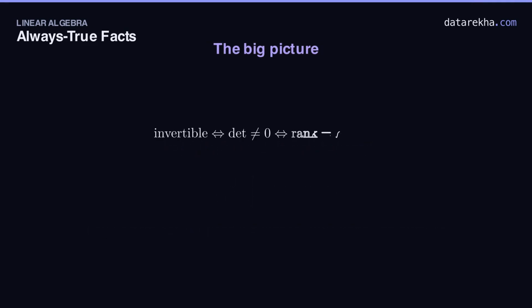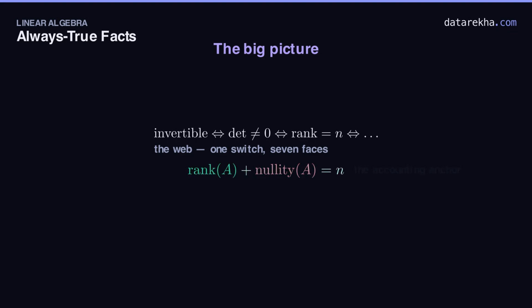Let's lock it all in. First, the web. Invertible, non-zero determinant, full rank, independent columns, trivial null space, unique solutions, and no zero eigenvalue are all one and the same. One switch, 7 faces. Second, the accounting anchor that holds for every matrix: rank plus nullity equals the number of columns.